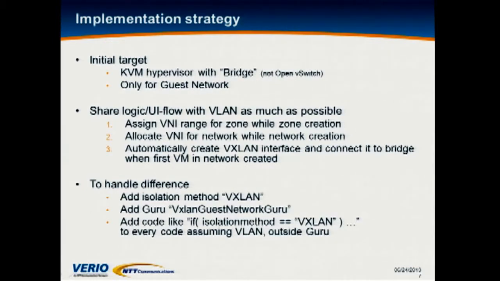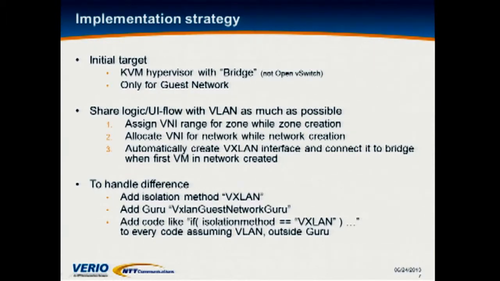Okay. So to design the VXLAN integration, we are trying to share the logic and the UI flow with VLAN, because we already know how VLAN works in CloudStack. So the flow is basically three steps.